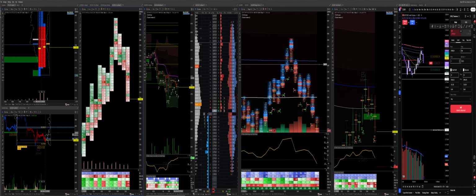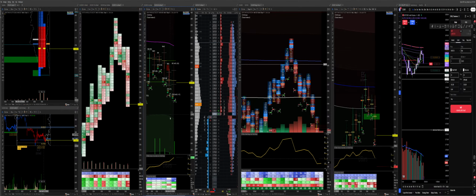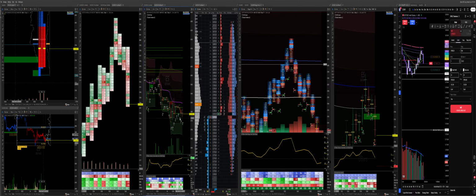So they have literally an absorption because it's on a higher time frame. It's literally planning an absorption.